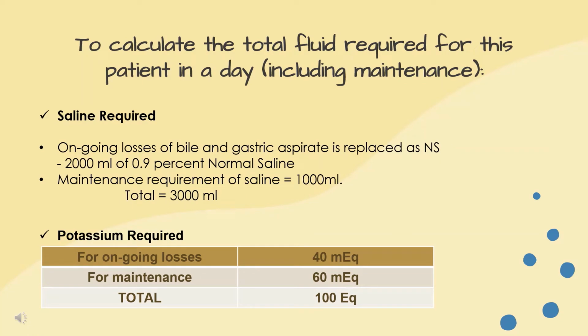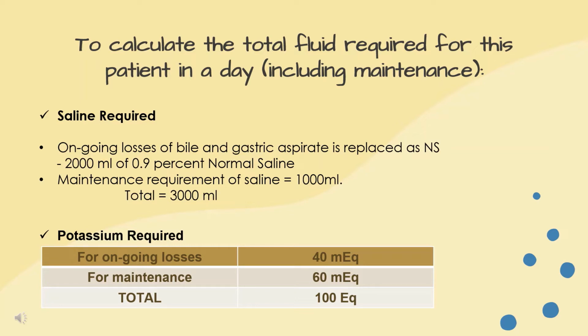To calculate the total fluid required for this patient in a day, including maintenance, for saline required, ongoing losses of bile and gastric aspirate are replaced as NS: 2000 ml of 0.9% normal saline, plus the maintenance requirement of saline equal to 1000 ml, for a total of 3000 ml.